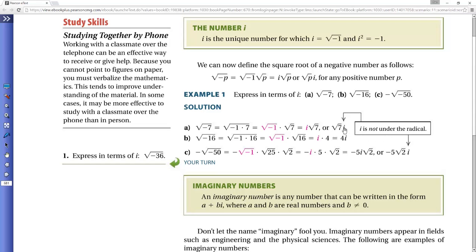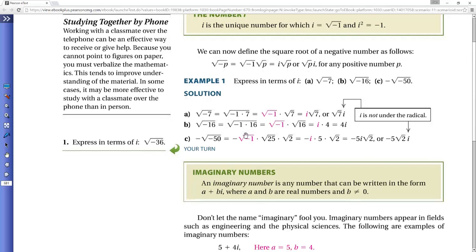Make sure that the i is not under the radical. Just like when we have numbers times square roots of anything, it's probably a better method. You're going to have a lot fewer errors if you put it out in front of the radical. Well, the square root of -16 is the square root of -1 times the square root of 16. So you end up with 4i, or i times 4, okay?